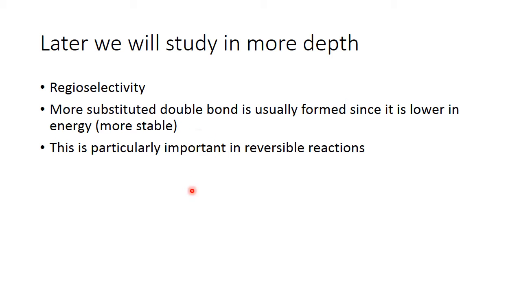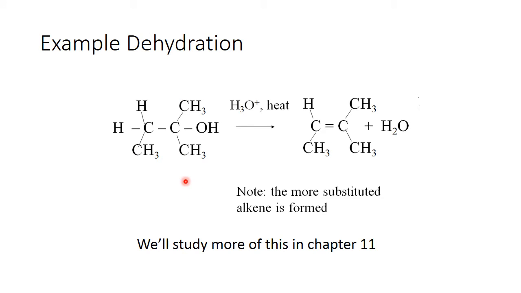We're going to understand this in greater depth later on. Right now, I'm just going to expect you to understand that the more substituted double bond forms. The formation of a more stable product is really important when we look at reversible reactions. But again, we're going to be studying that in greater depth later on.